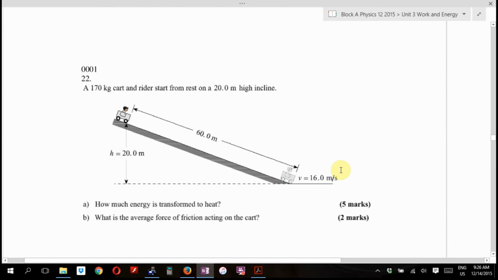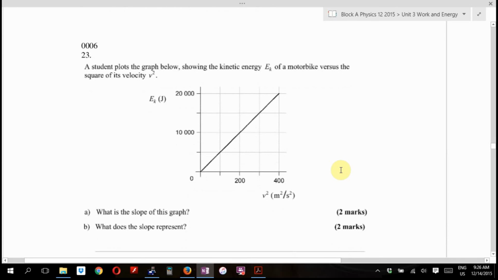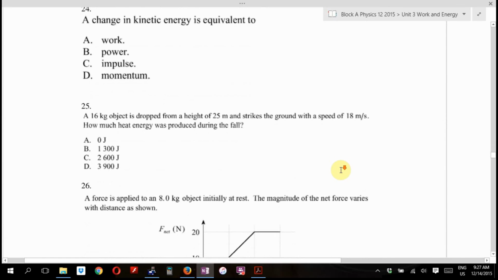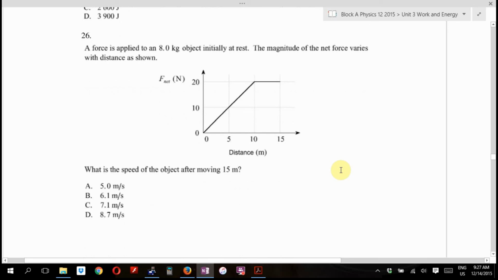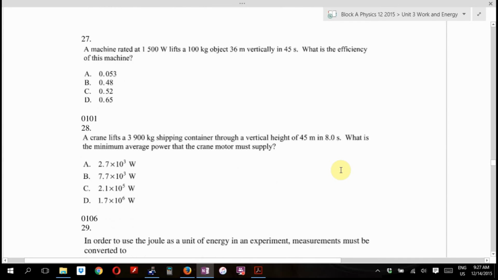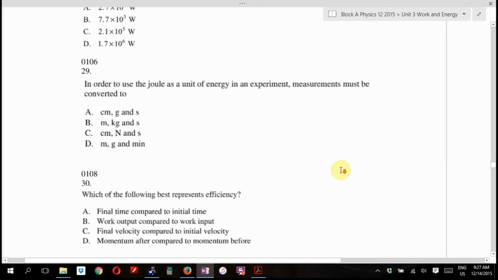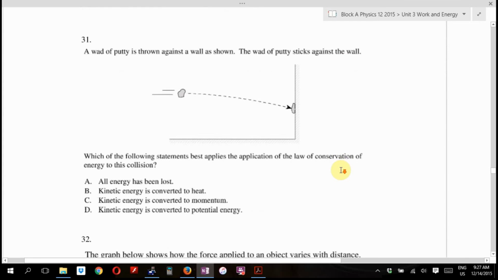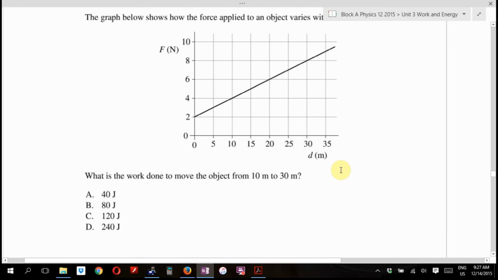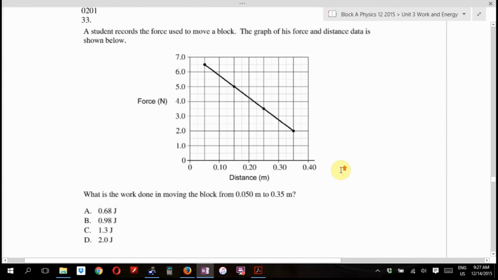I like number 22. I like 26. I like 27. I like 28. I like 32.